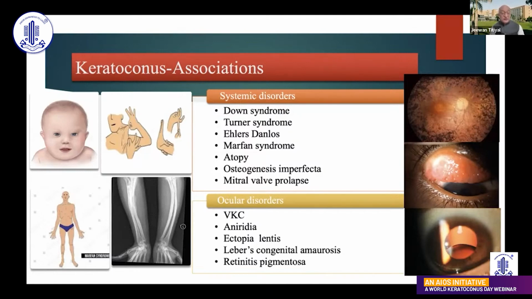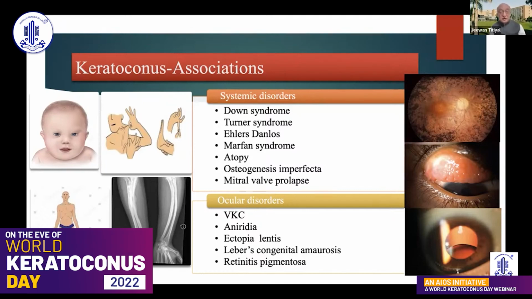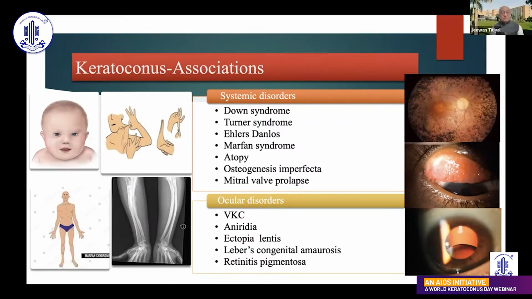As far as eye disease is concerned, allergic disorder, which is very common in the younger age group in India, which we call vernal keratoconjunctivitis, or some congenital disorder like aniridia, where we have a lack of uveal tissue. Some other associated disorders are in the retina also. We all know retinitis pigmentosa, where people have night blindness and slowly go blind. Sometimes these people can also have keratoconus associated with these disorders.